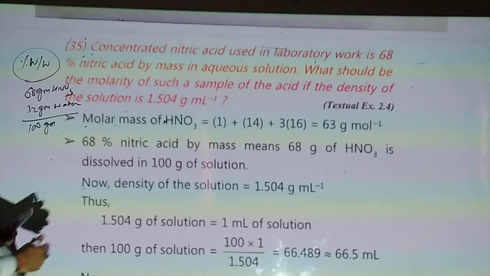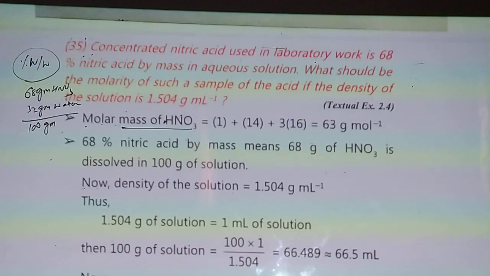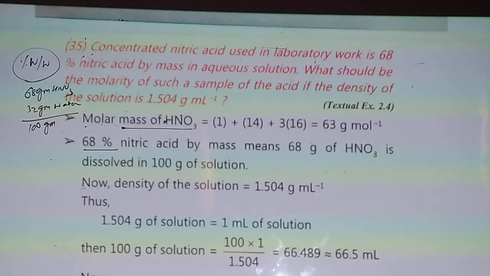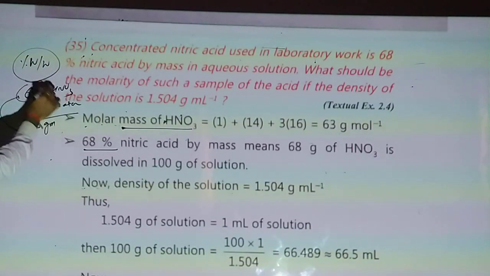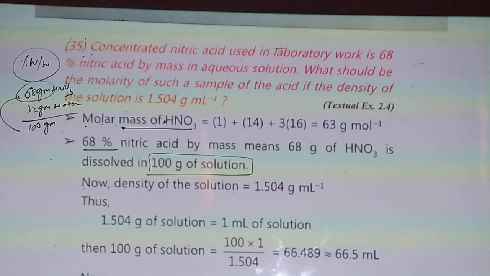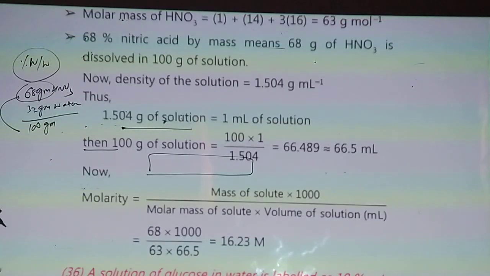So here the molar mass of HNO3 is 63. 68% nitric acid by mass means out of 100 gram, 68 gram of HNO3 solute and 32 gram of water solvent, and total 100 gram of solution. Now the density of the solution is given 1.504 gram per milliliter.